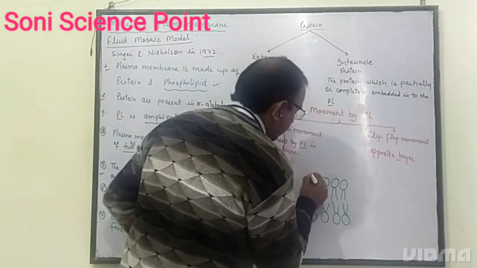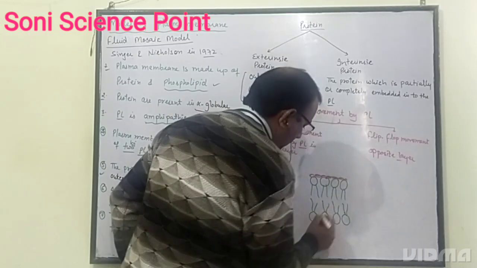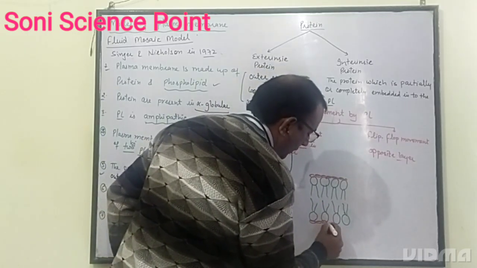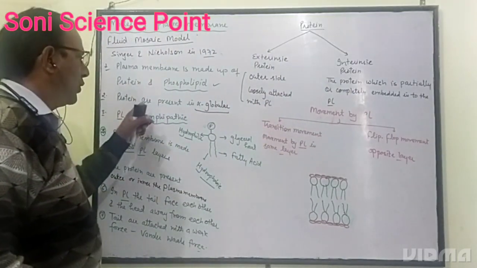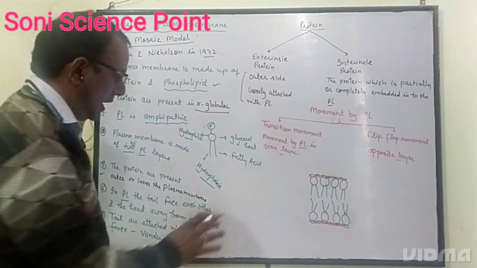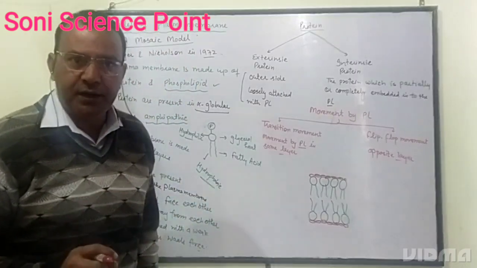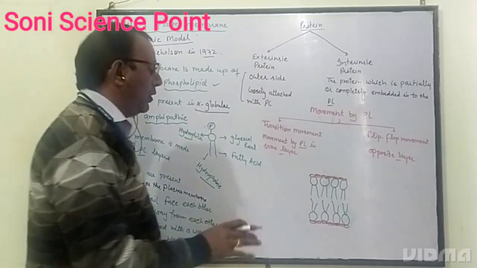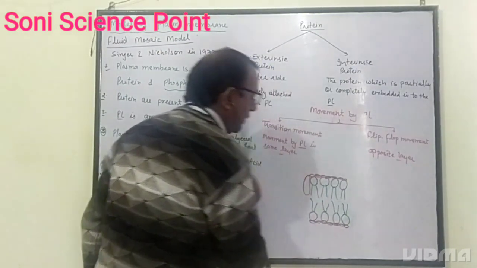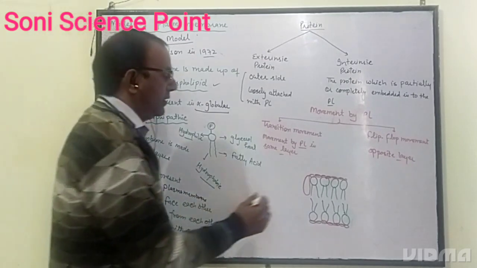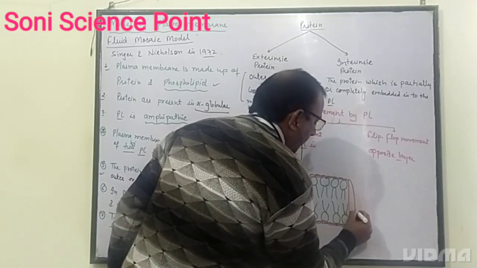This is the protein layer, extrinsic protein, in globular form, because Singer and Nicholson showed that protein is present in alpha globular form. Intrinsic protein may be partially embedded into the phospholipid or completely. Suppose this protein is partially embedded and this protein is completely embedded.